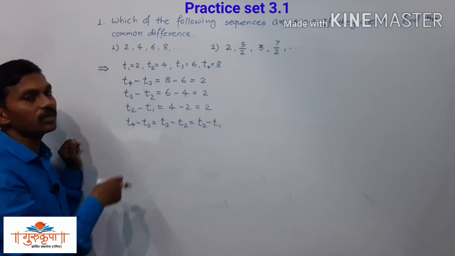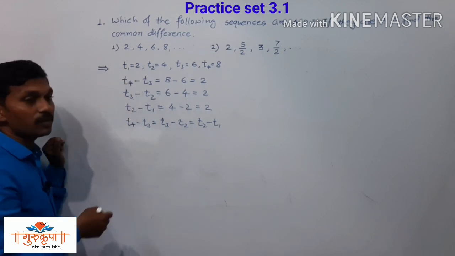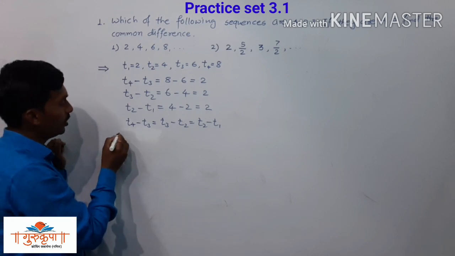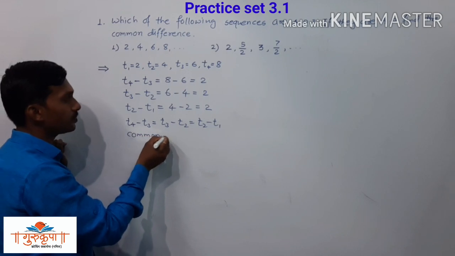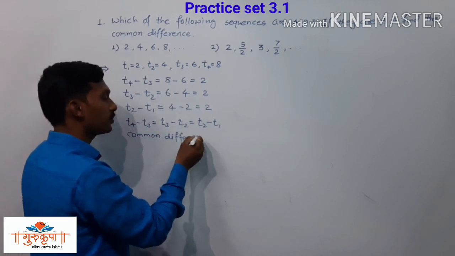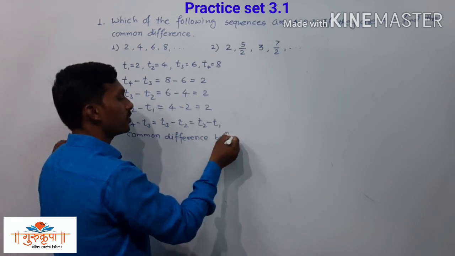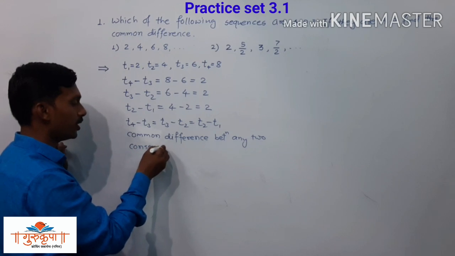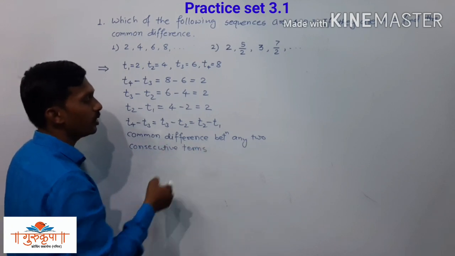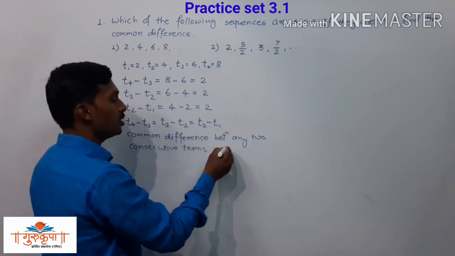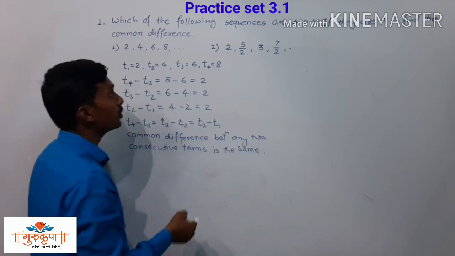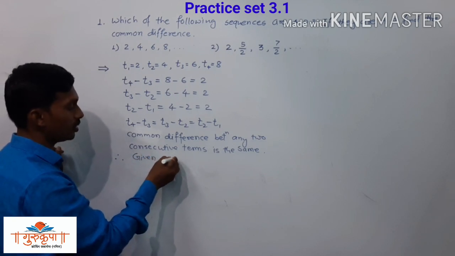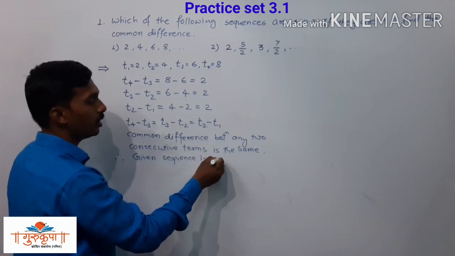So here we can say that the given sequence is an AP. We can write: the common difference between any 2 consecutive terms is the same, therefore the given sequence is an AP.